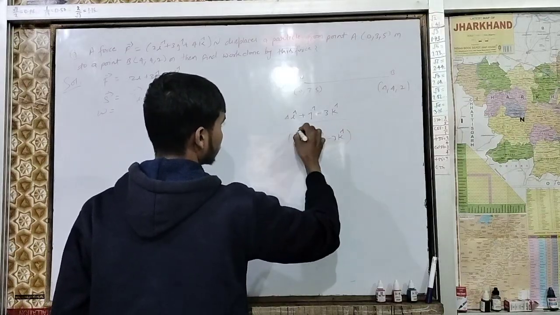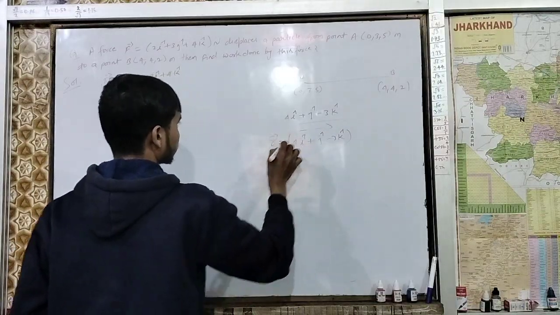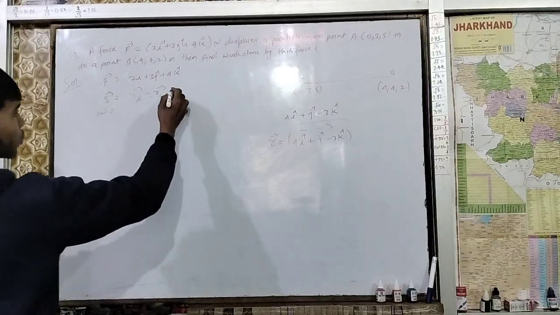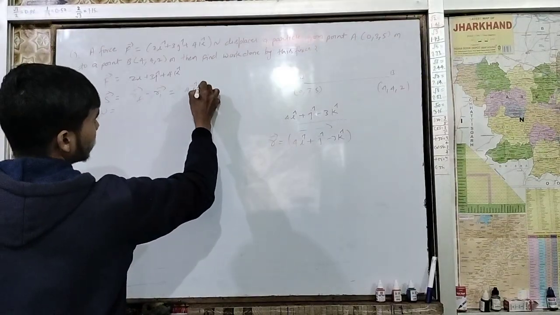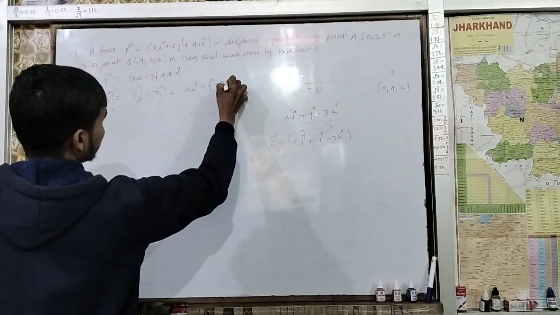This will be our displacement vector, whose value is 4 i cap plus j cap minus 3 k cap.